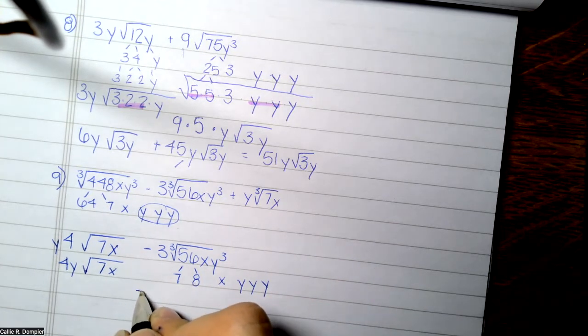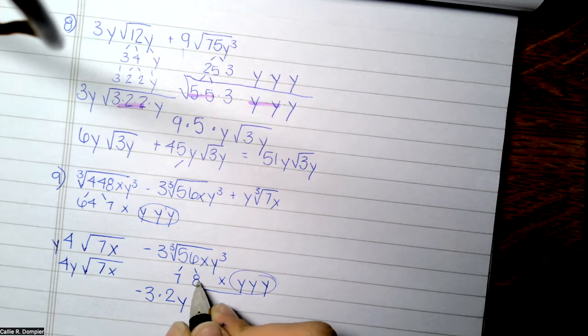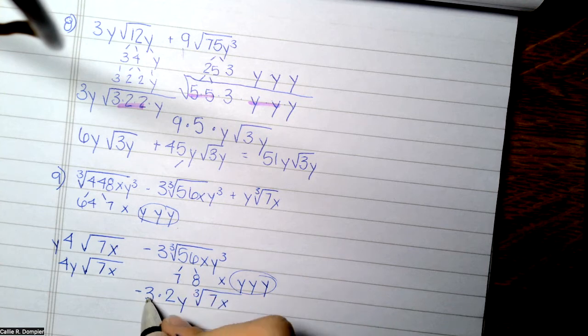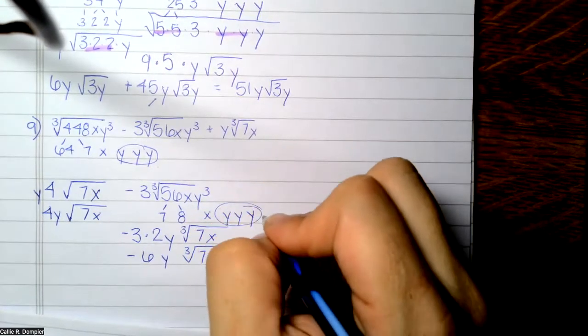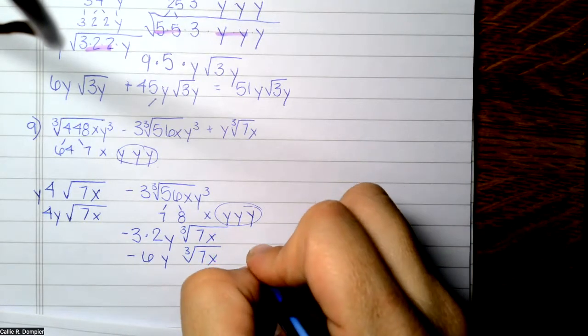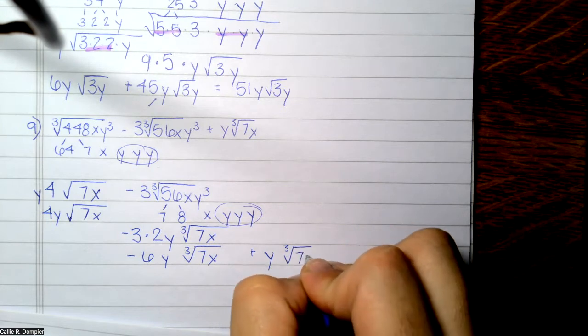So now we're going to say negative 3 times 2. Take those y's this time. We still have the 7 and the x under here. Okay. Negative 3 times 2 is negative 6y cube root 7x. Good. Plus y cubed root 7x.